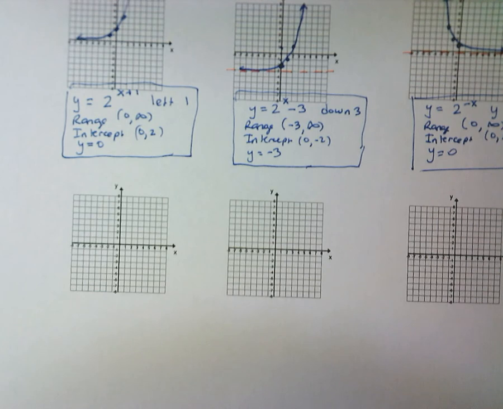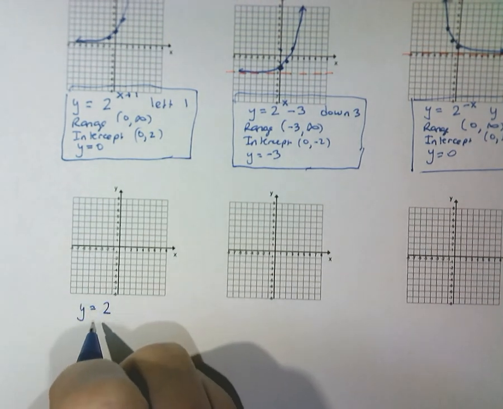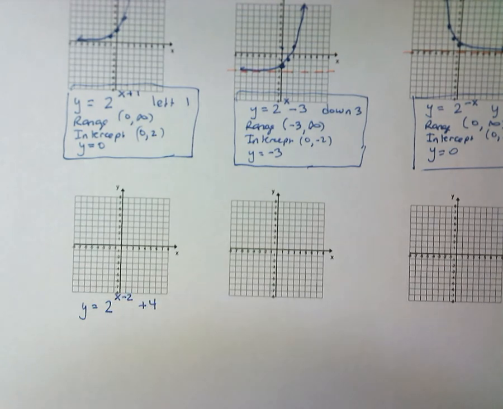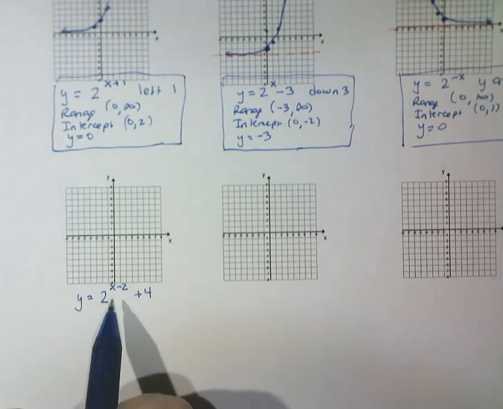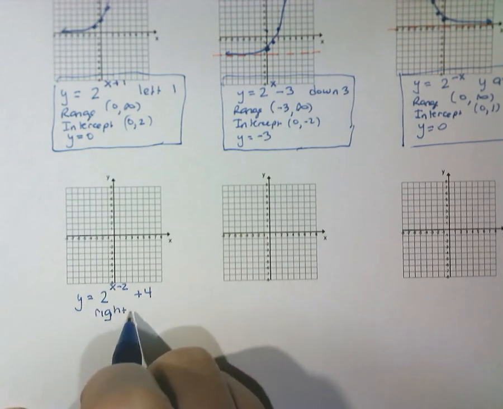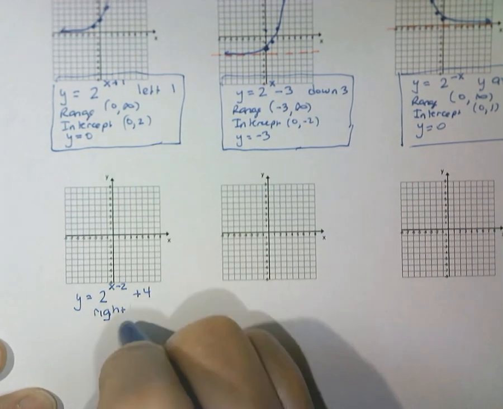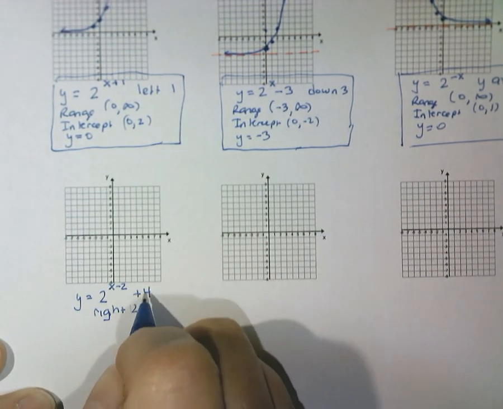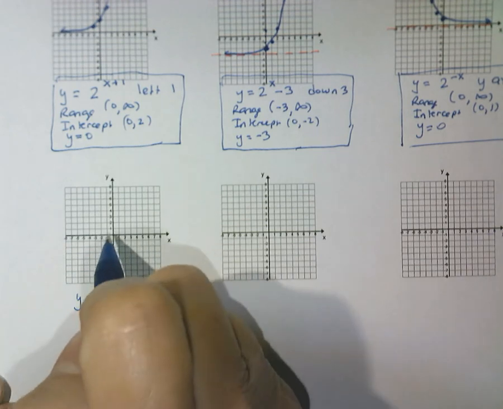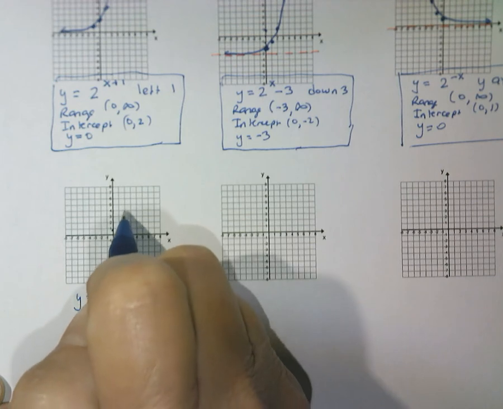Okay, the next one I've chosen would be y equals 2 to the x minus 2 plus 4. So minus 2 means this is going to go right 2, and this plus 4 means it's going to go up 4. So I would start at this point 0, 1, I go right 2, and then up 4.